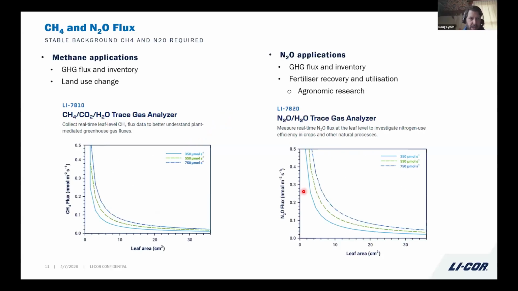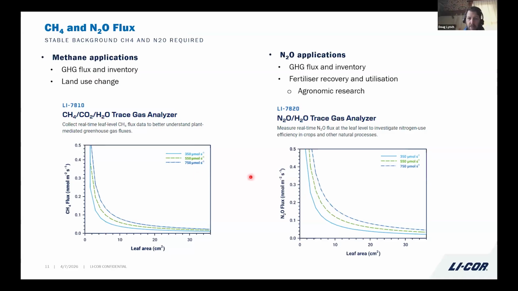So this slide is, what would people use these for? For methane, methane is an important greenhouse gas. So understanding those fluxes mediated by plants is an important research topic. Same with N2O. There's a lot of agricultural applications that may want to quantify N2O fluxes through leaves.